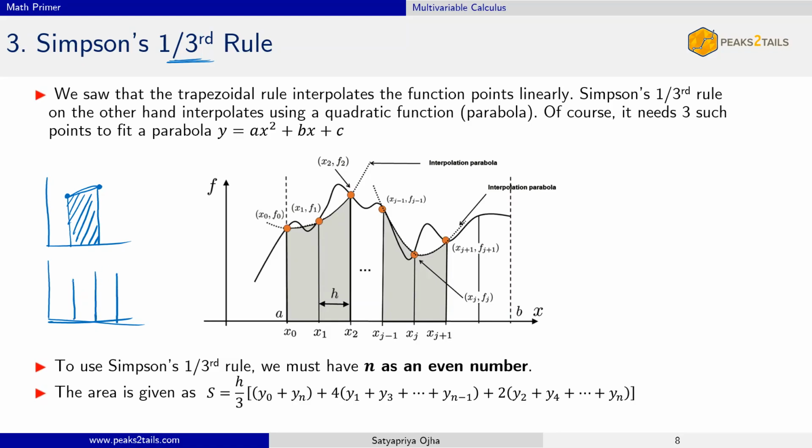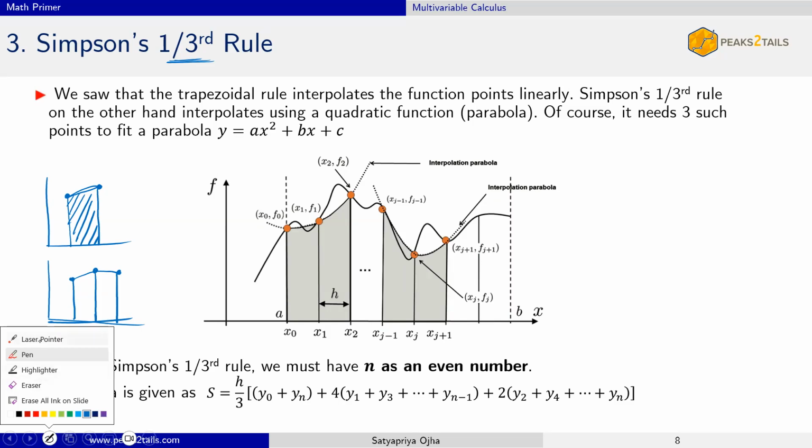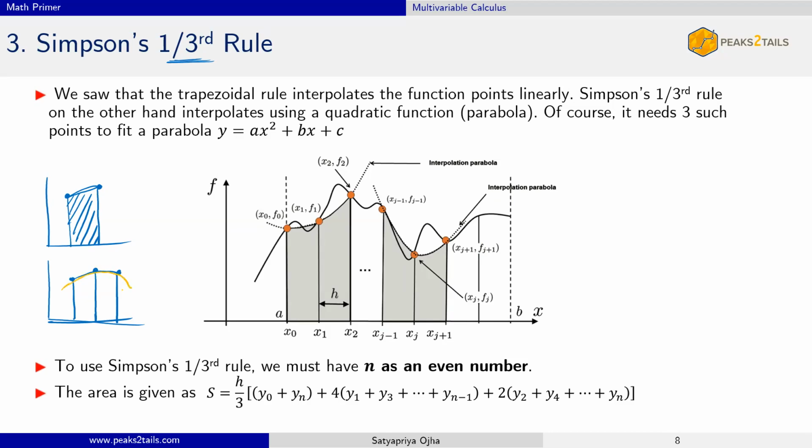Say my curve is something like this. You need 3 points. What Simpson's one-third rule does is it tries to fit a parabola using the three points.